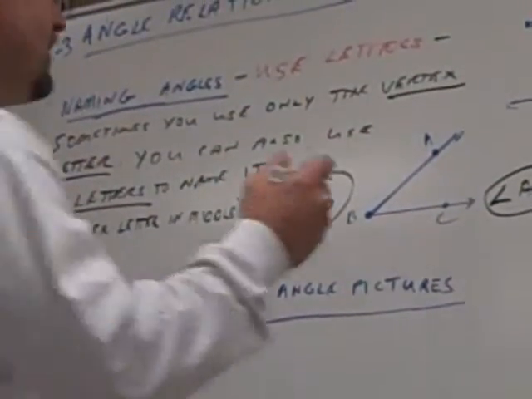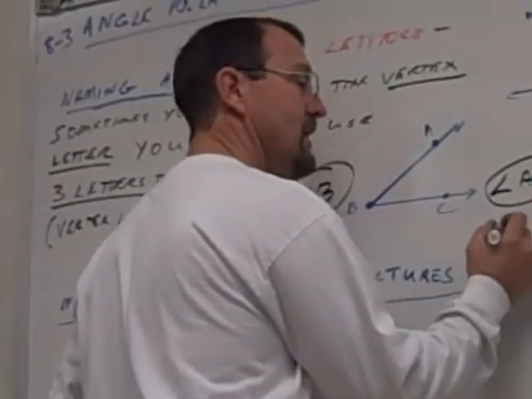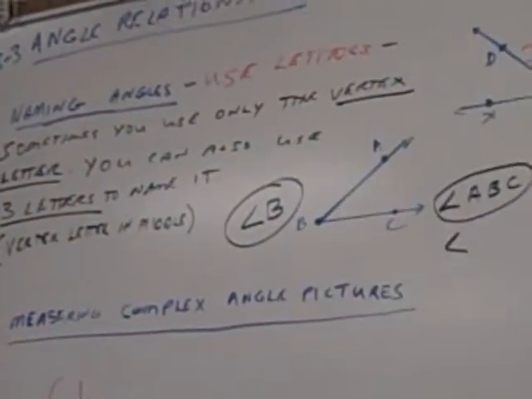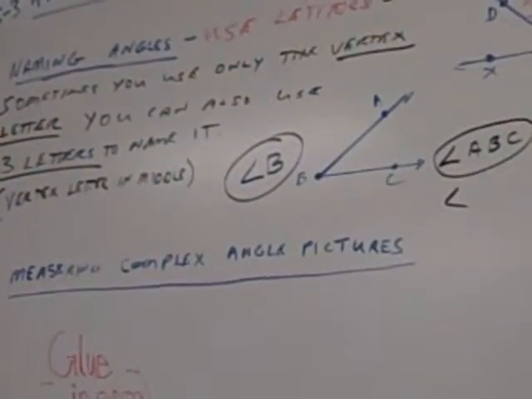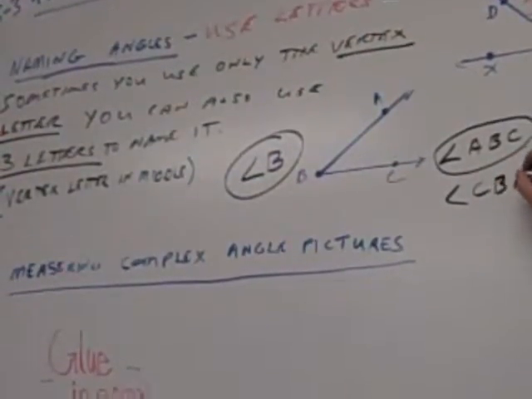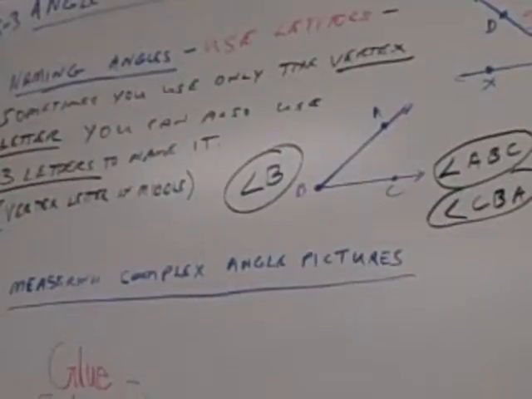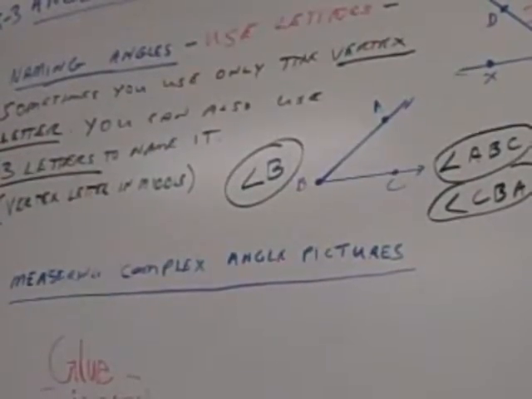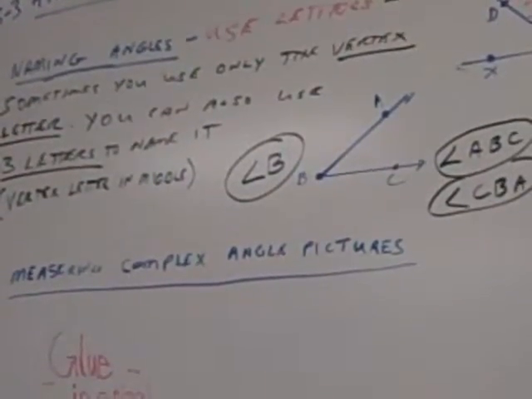Alright. Does anybody see another way you can name that thing? Go the other direction. C, B, A. That is 3 ways of naming that angle.